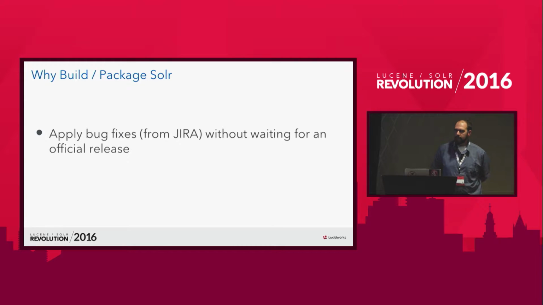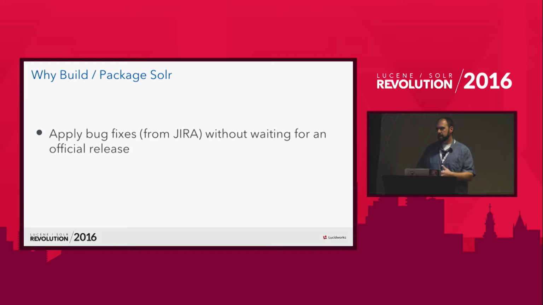But shortly after that, we upgraded to 4.3 and then 4.8.1. And in between those upgrades, we encountered bugs that were fixed with JIRAs that we wanted, but we had to do a lot of work to make sure we regression tested our applications that were running against Solr so that we didn't encounter any type of breaking change.